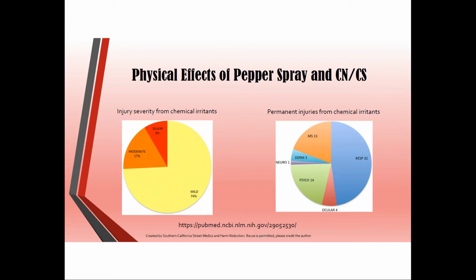Only 4 people, which looks to be about 5 to 6%, had permanent ocular injuries. In fact, more people had muscular, and more people had psychological permanent harm done from chemical irritants than had eye problems. The eyes are very good at healing themselves.